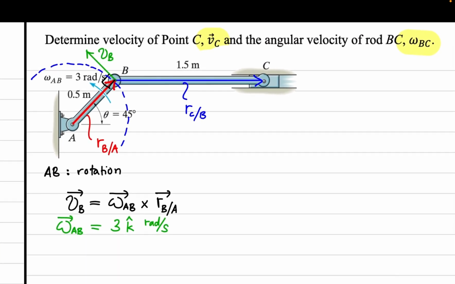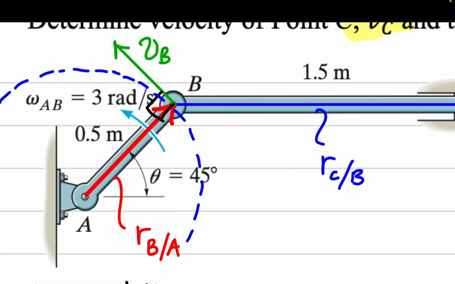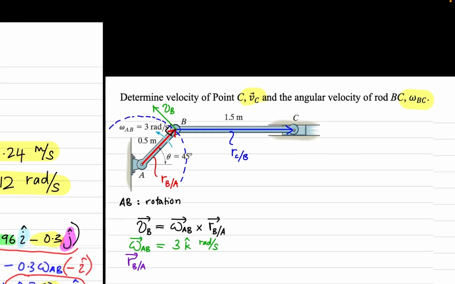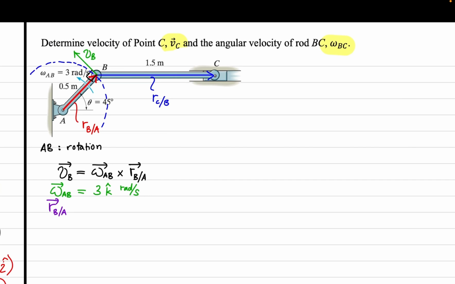Now the second part is we need to get RB/A. If we zoom in here, we can see that RB/A is diagonal. So what we need here is to find the X and Y component. As usual, the X component will be positive to the right, and the Y component is positive pointing up for this problem.